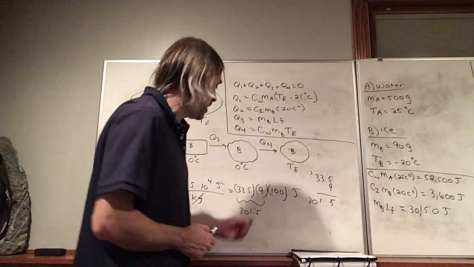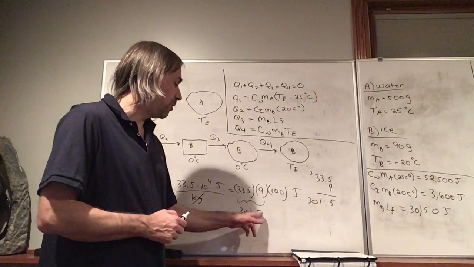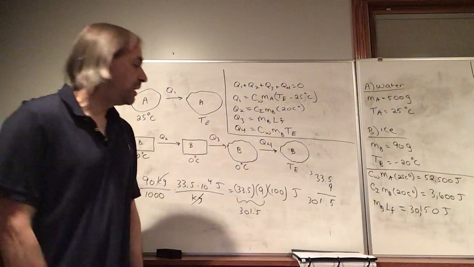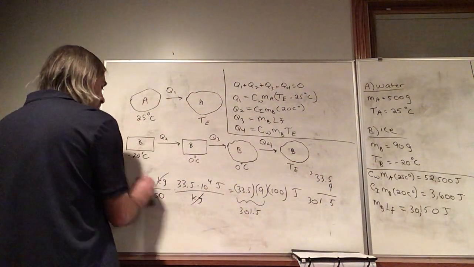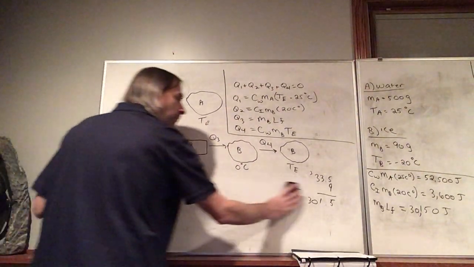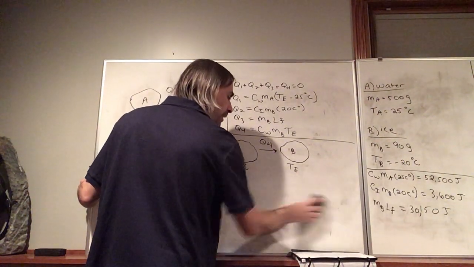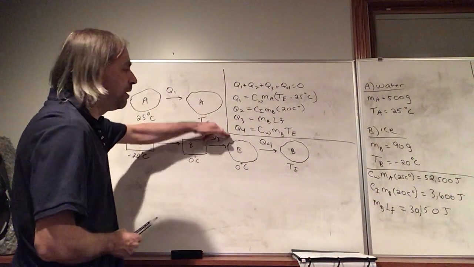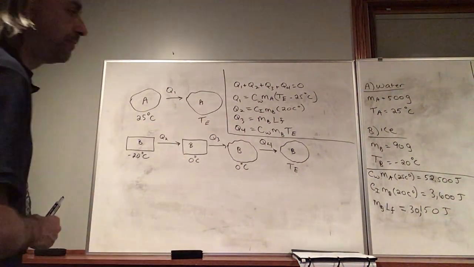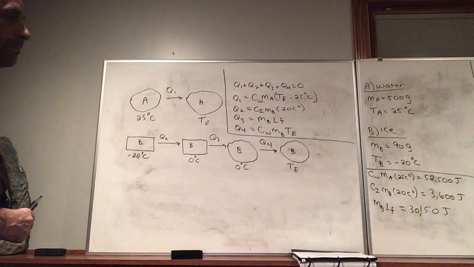So yeah, if we just multiply that by 100, 30150. And again, that would be in joules. Okay, so we're just calculating all these little pieces, and again, just the things that we can calculate. Remember, what we're doing, we're adding all this up and getting 0.